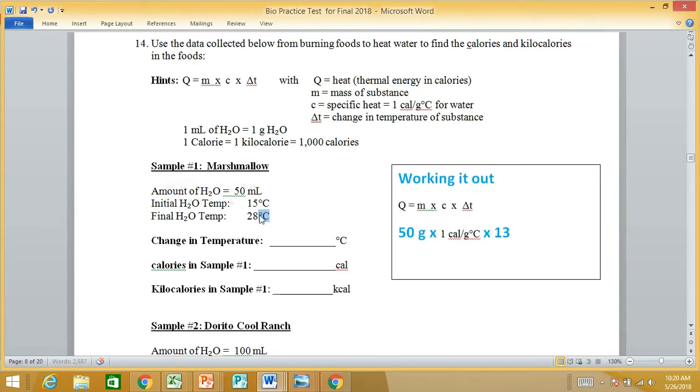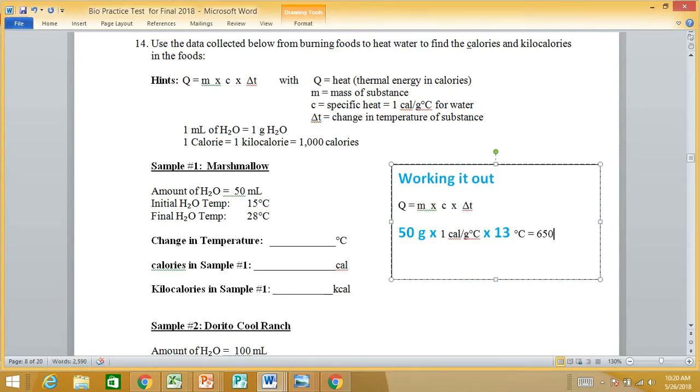Let me just copy that. And then you're going to cancel all of your units, and that's going to be our answer for Q, which is our heat. So that's where basically everything cancels out, and you're going to end up multiplying 50 times 13, which, if I just, it's really 13 times 5, 3 times 5 is 15, so 650, I believe.